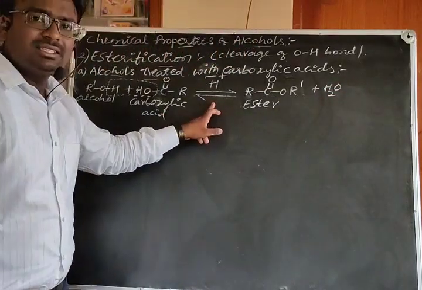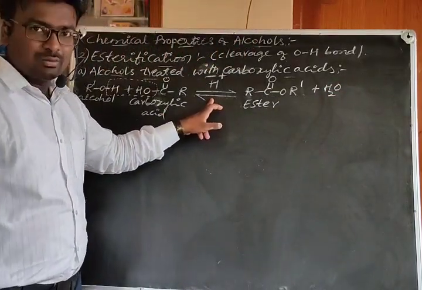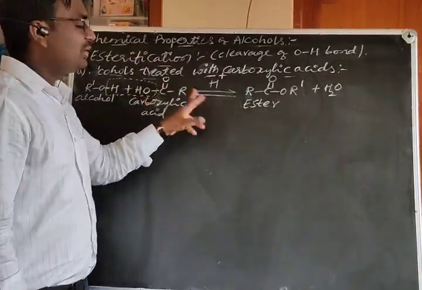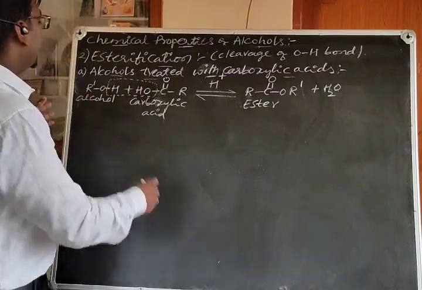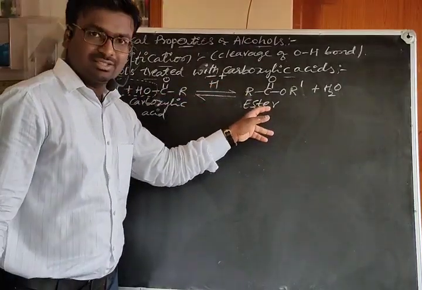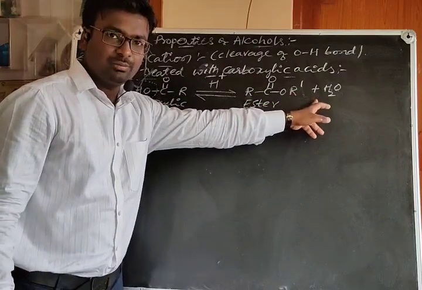Here we can see that double-headed arrow mark. It means that it is a reversible reaction. When you treat the alcohol and carboxylic acid in the presence of an acid, it gives ester and H2O.